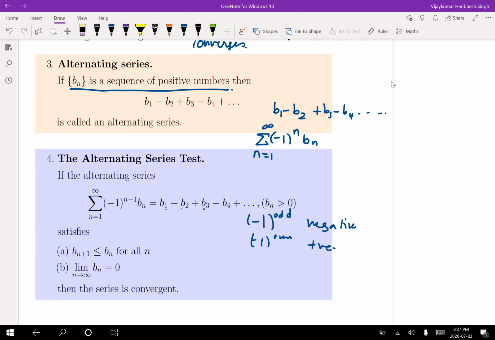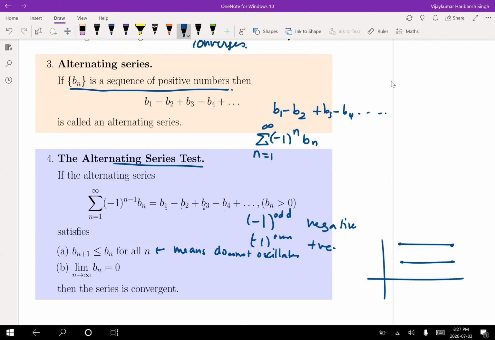The alternating series test tells you the following. If you have bn plus 1 less than bn, this means that it does not oscillate. Why is that? Think about a series where things go equally forward, but then go equally back.